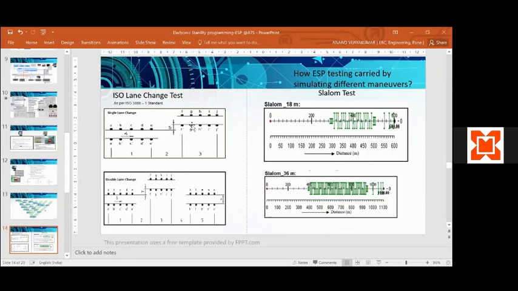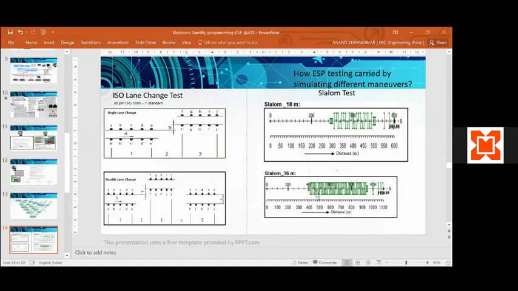A single lane change or double lane change is one of the requirements as per the ISO 3888 standard. And also the slalom, 80 meter and 36 meter, is a kind of stability control test that needs to be performed.